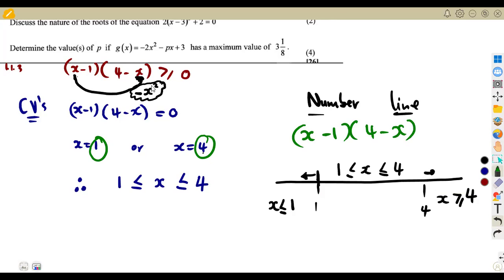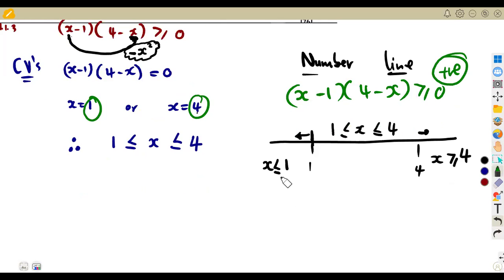We must obtain values that are bigger than or equal to 0. Meaning to say our answer is supposed to be a positive, greater than 0, guys. So using a number line, you can test now.